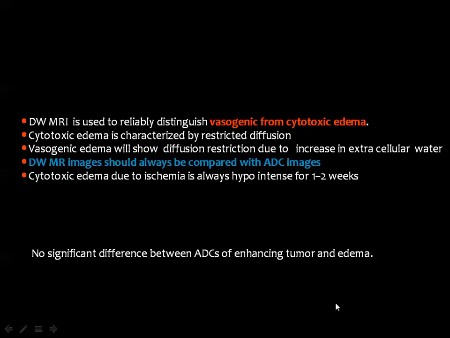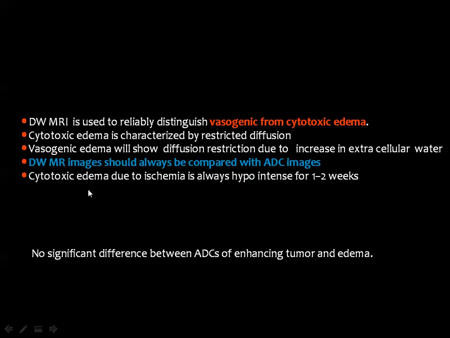Then MRI per se cannot usually differentiate vasogenic from cytotoxic edema, but diffusion weighted imaging can differentiate them, because vasogenic edema will show free diffusion, and the cytotoxic edema will show diffusion restriction.